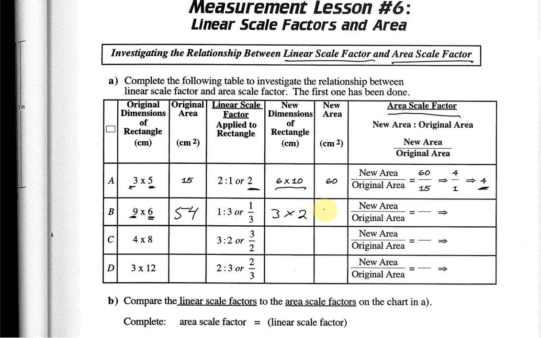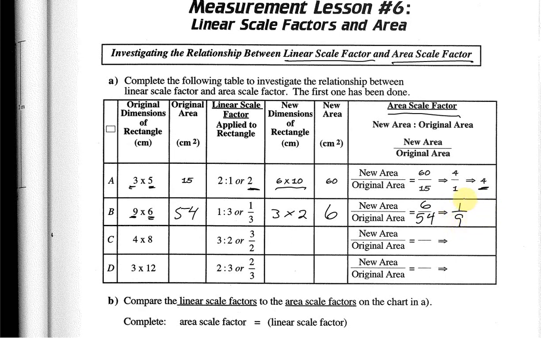You can determine a new area by multiplying your dimensions to get 6. Finding our scale factor, we take our new area and divide it by our original area. Simplify this fraction by dividing both the top and bottom by 6 to get 1 over 9.